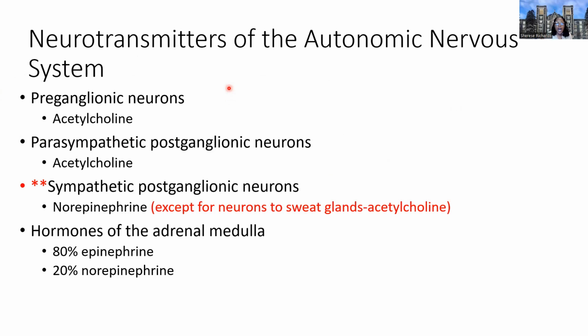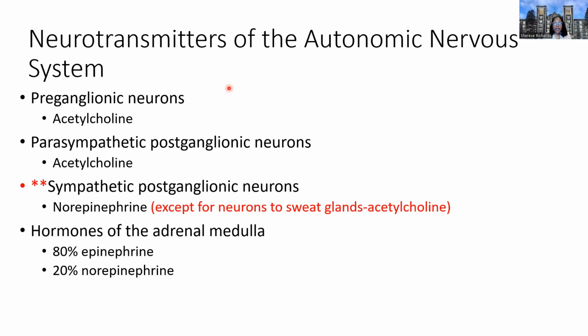All right. On the postganglionic neurons, it's going to differ. If it's a postganglionic neuron on the parasympathetic side, it will also secrete or release acetylcholine. In other words, both parasympathetic neurons will release acetylcholine.